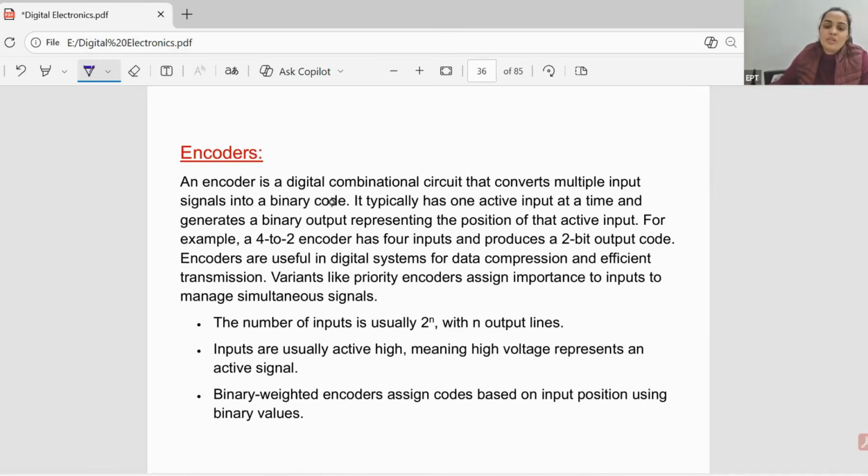Now encoder will encode the, sorry, it is opposite here, okay. Let me see.